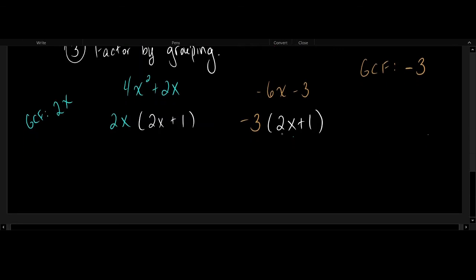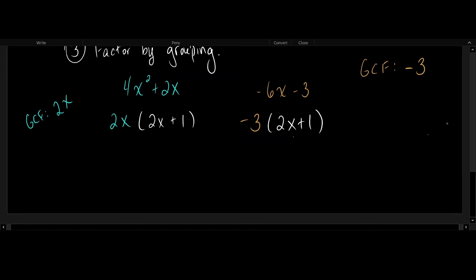The quantity that has been left behind from both the first pair and the last pair is identical. 2x plus 1 was left behind from both the first pair and the second pair.